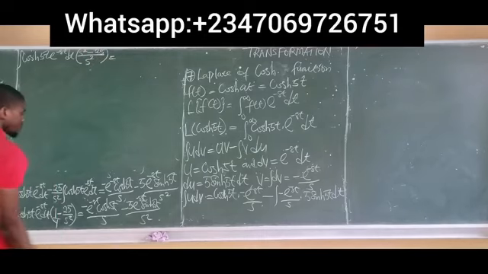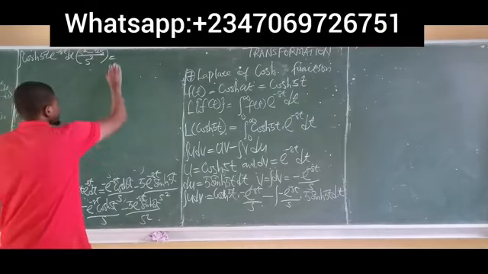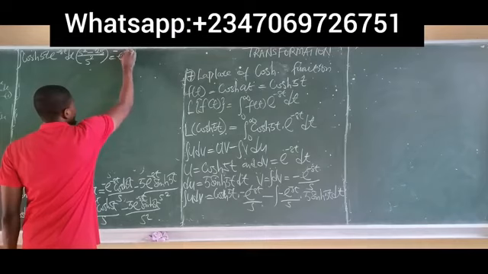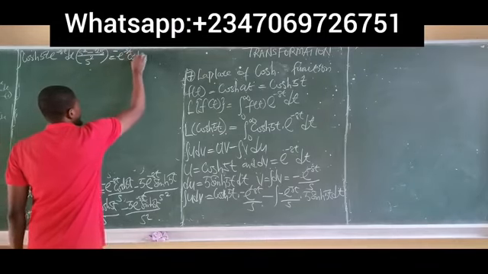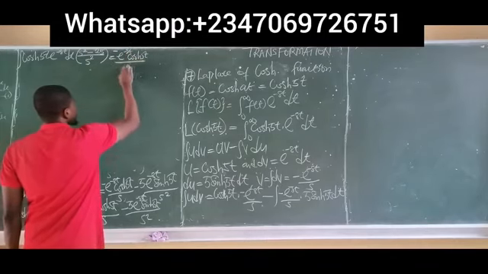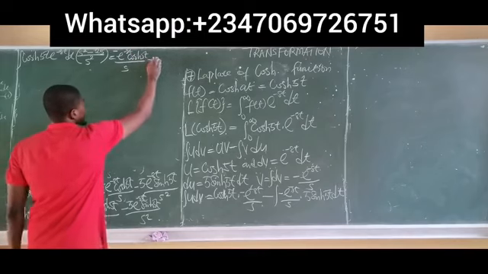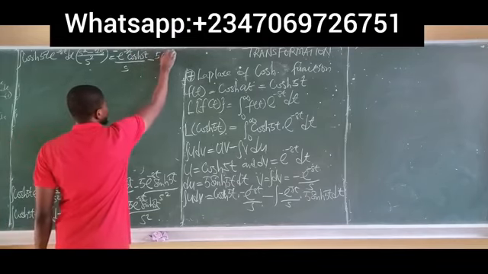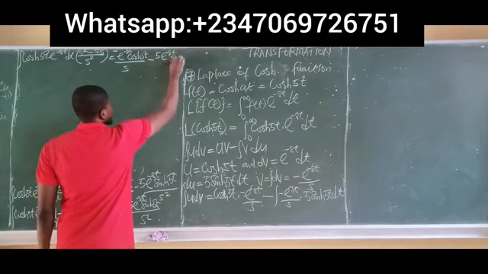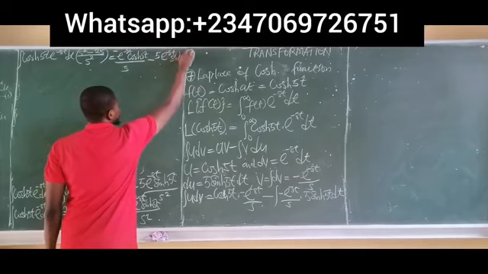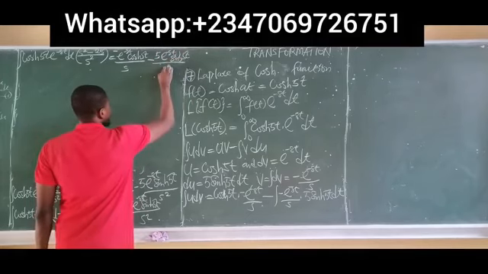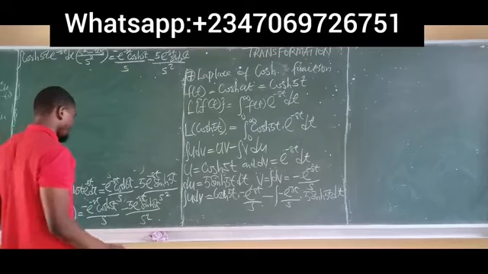And this is equal to minus exponential minus st cos 5t all over s minus 5 exponential minus st sine 5t all over s squared.